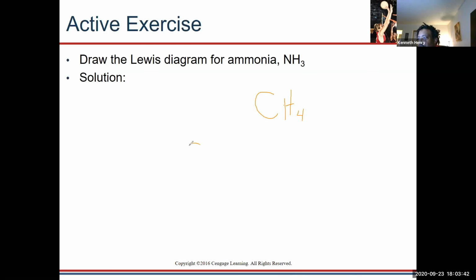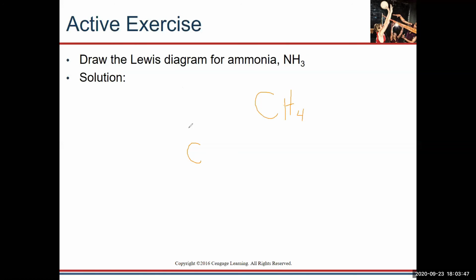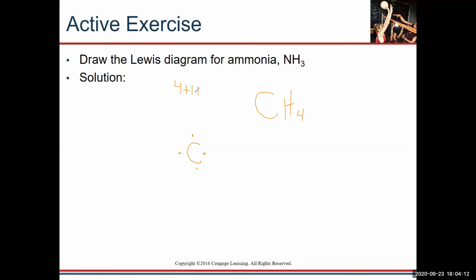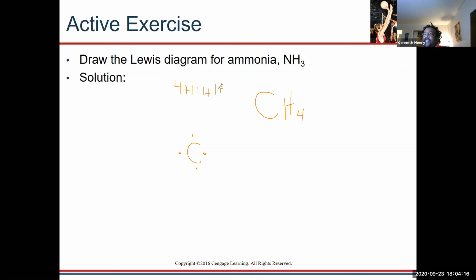How many valence electrons does carbon have? 4 is the correct answer. It has 4 valence electrons. And then each of the hydrogens have how many? 1. Okay. So that's a total of 8 valence electrons that we're working with.